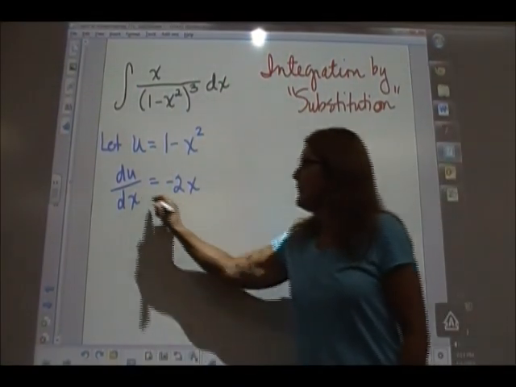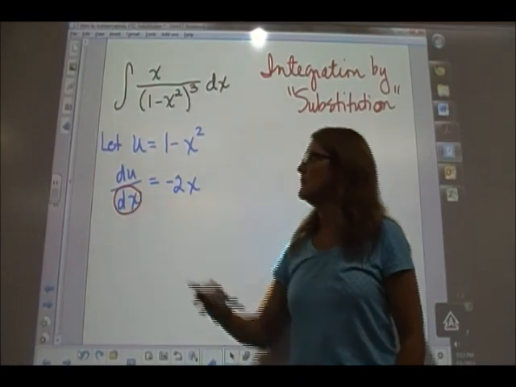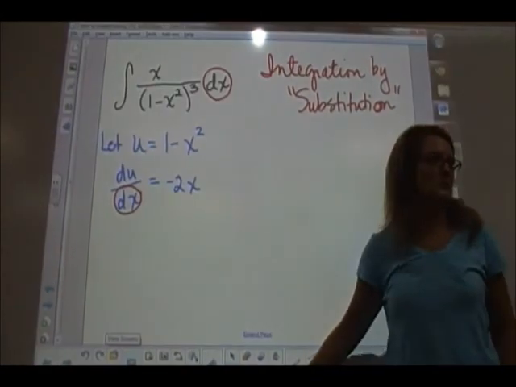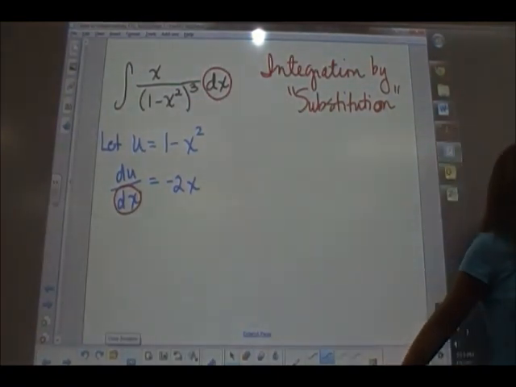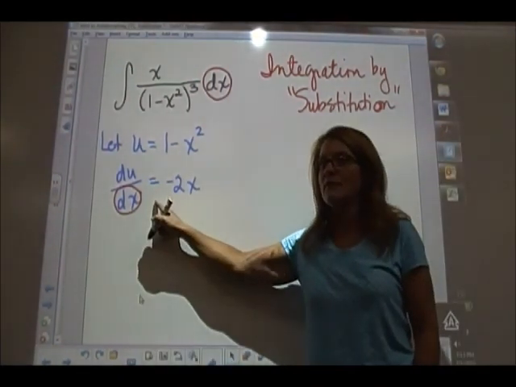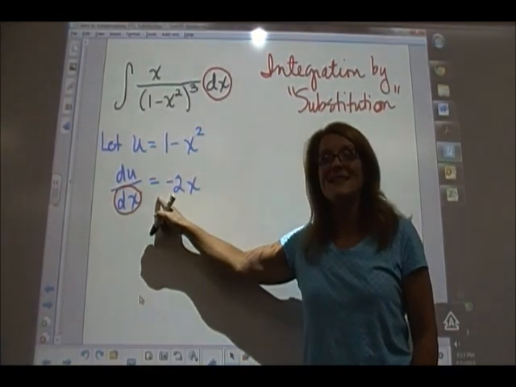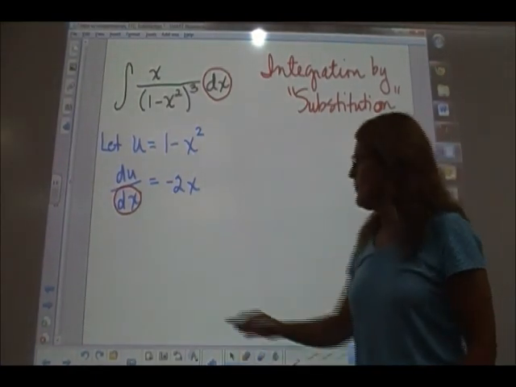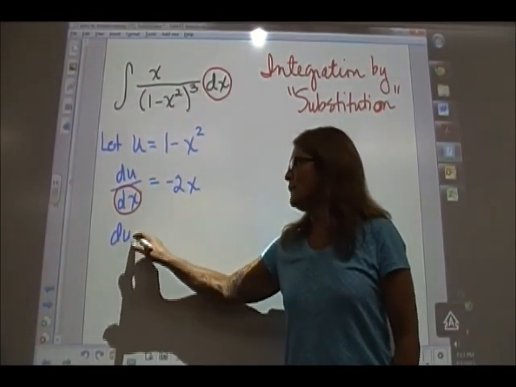This dx right here is this dx. They're the same. I want to know what dx equals. So I'm going to solve this equation for dx. So I'm going to write it in its differential form.